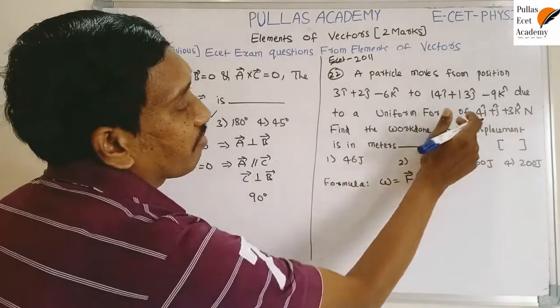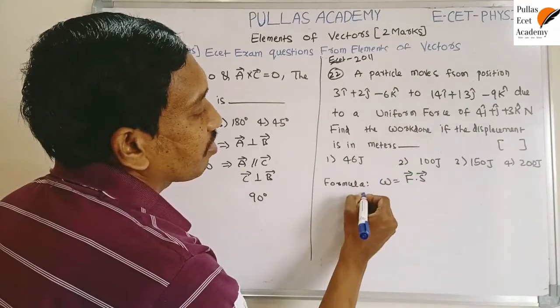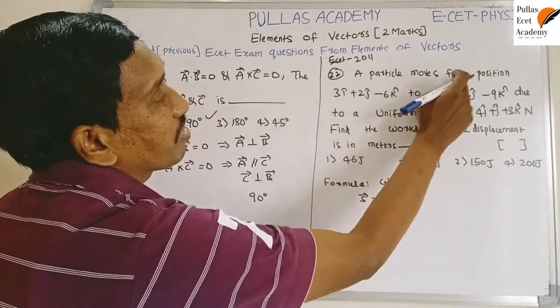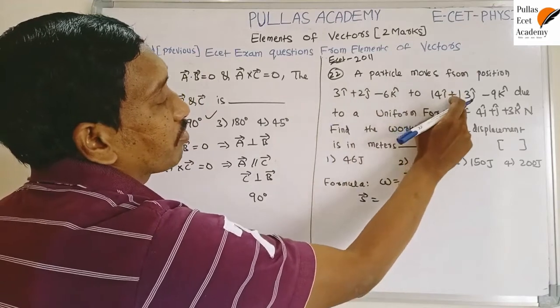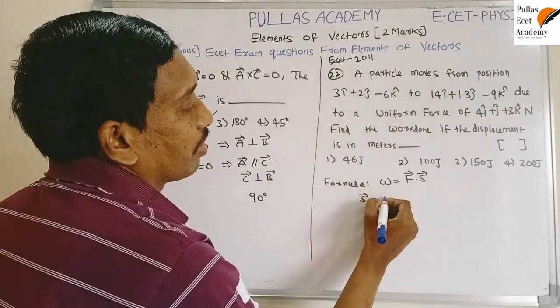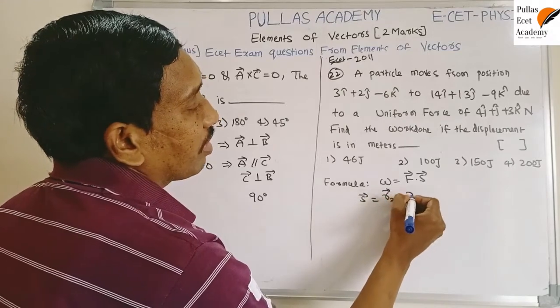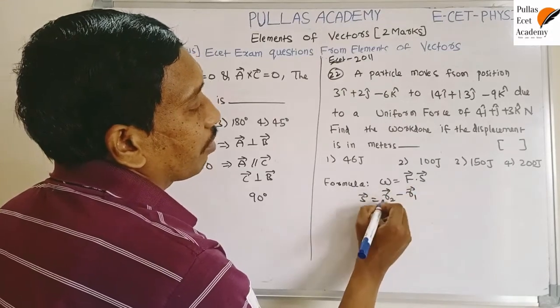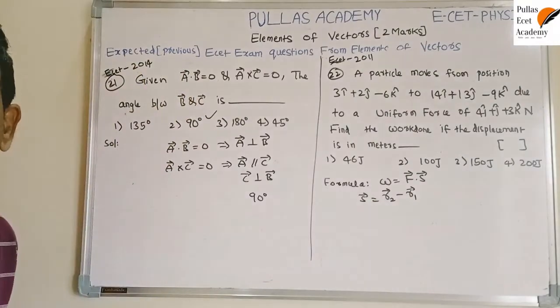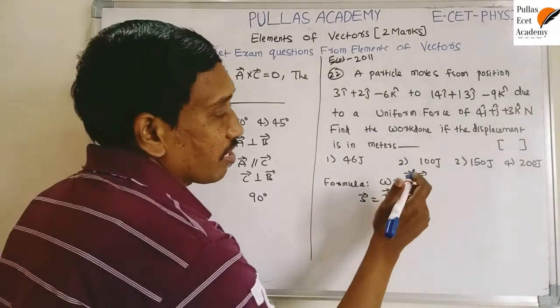But here force is given directly, but displacement is not given. So the position changes from this point to this. This is the initial and final position. The actual formula for displacement is the final position minus the initial position: R2 bar minus R1 bar.